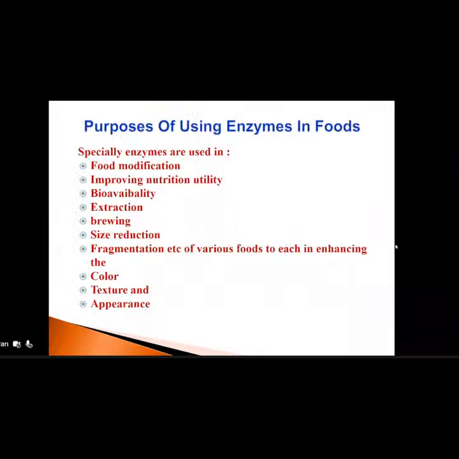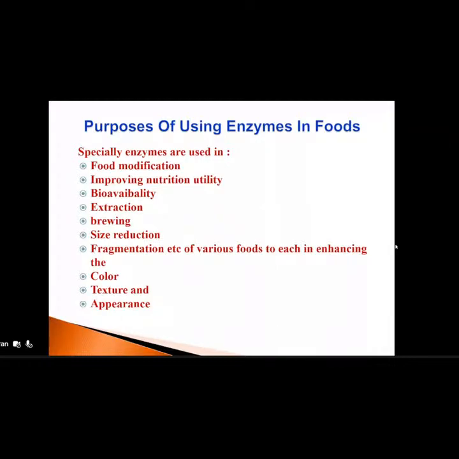What is the purpose of using enzymes in the food industry and some other industries? Some of the reasons are to modify food, improve the nutritional quality of food items, and extract compounds.